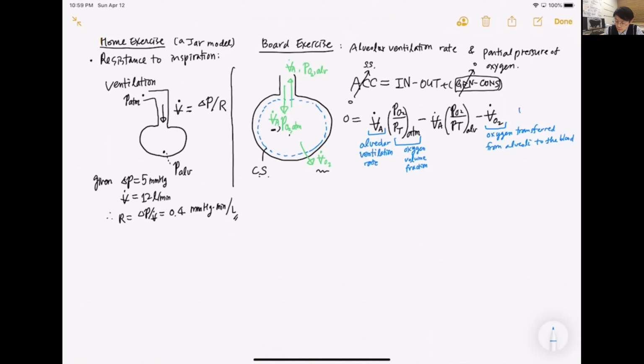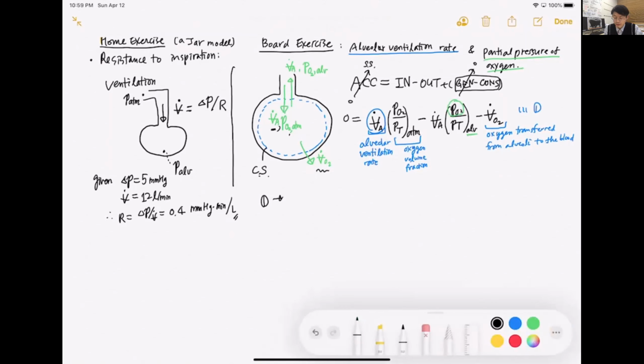So now let's rearrange this equation, because what we are interested in is the relationship between the alveolar partial pressure of oxygen and the alveolar ventilation rate. The alveolar ventilation rate is this component, and the partial pressure of oxygen is especially in the alveolus, not the atmosphere.